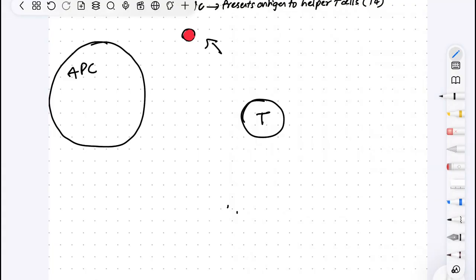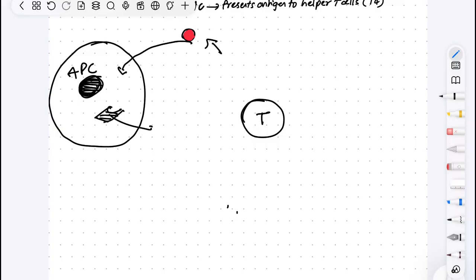What do these antigen presenting cells do? They take up the antigen, they process the antigen. Okay, so they process the antigen, and in the antigen presenting cells we have something called major histocompatibility complex.